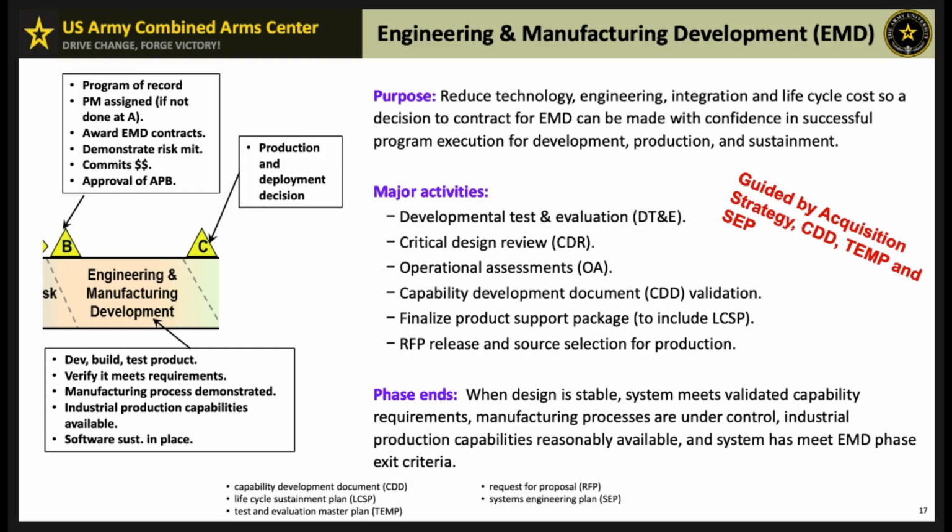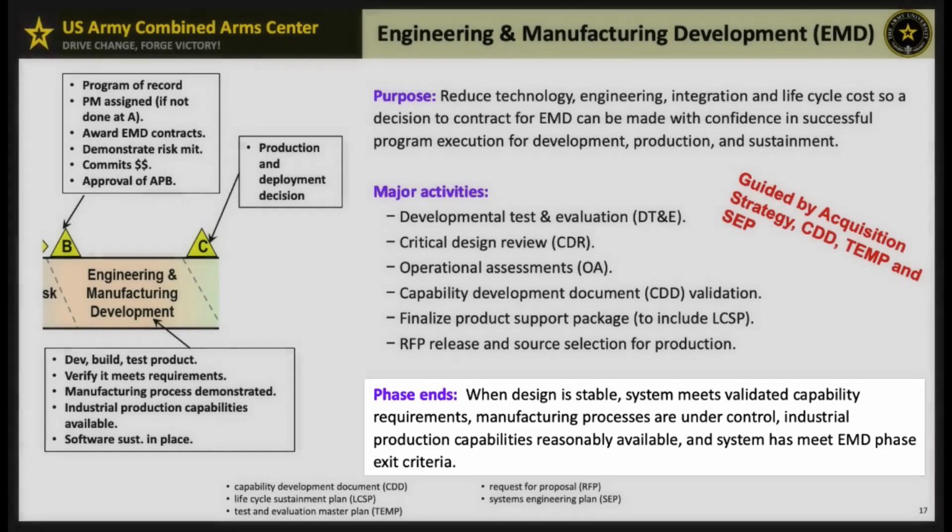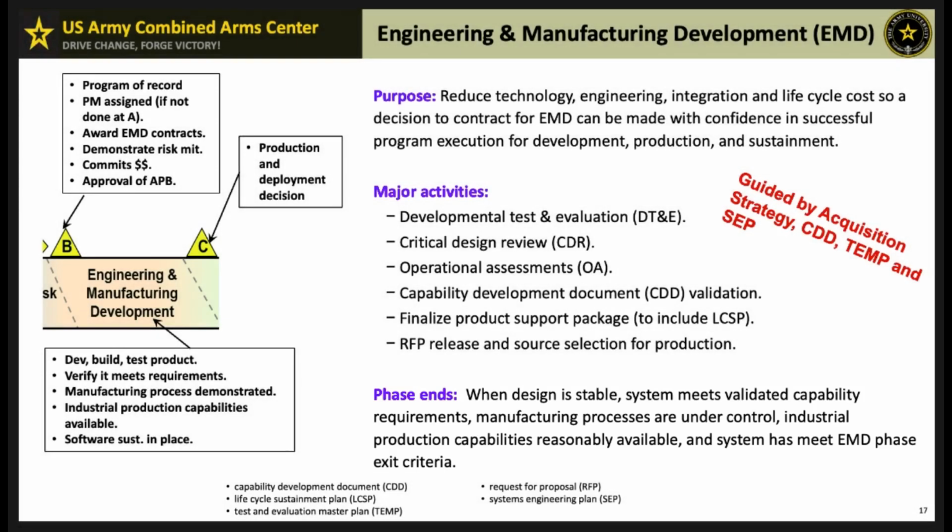And then the RFP release and source selection for production. This involves finalizing the request for proposal and selecting sources for full-scale production. The EMD phase ends when the system's design is stable. It meets validated capability requirements, manufacturing processes are under control, and industrial production capabilities are in place.